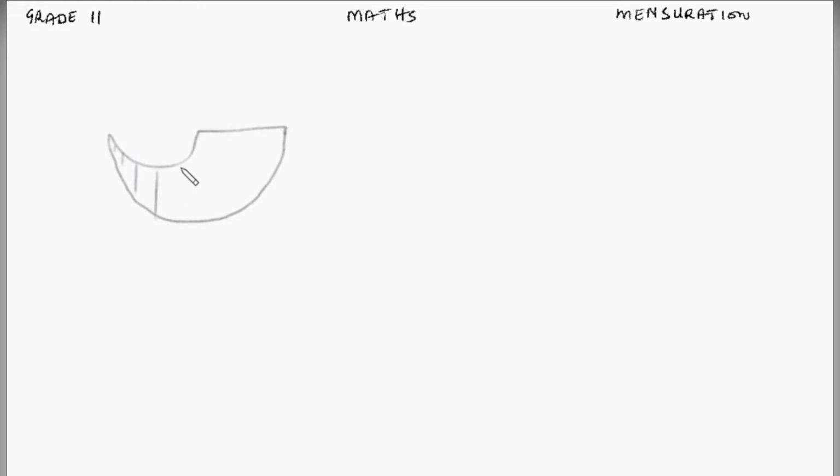This is shaded. Now, from here to here is 12 centimeters, and from here to here also, we still have 12 centimeters.